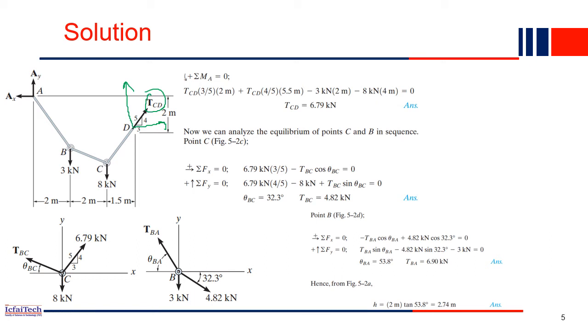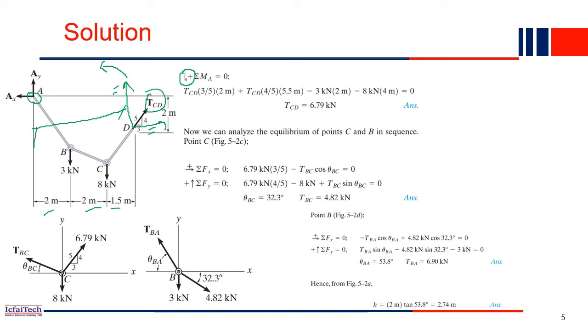So we can easily compute the angle of this line, the angle of this TCD. Let's compute quickly. It has two components, one horizontal and another vertical. Both components will produce moment about A. How much will this component produce? TCD's vertical component will produce an anti-clockwise moment. Anti-clockwise moment we have considered as positive. So TCD is acting, and what will be this distance, the entire distance? The entire distance is already given, 2 plus 2 plus 1.5, so total 5.5.